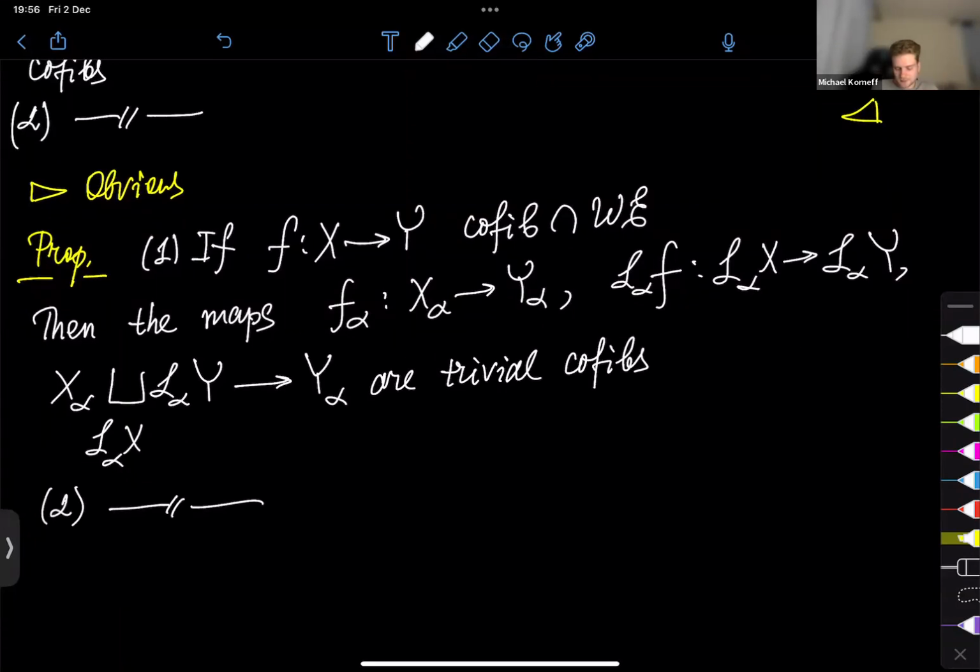And also similar facts hold in the case of matching objects and relative matching maps. Proof.